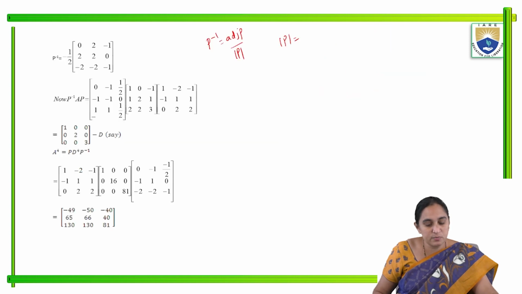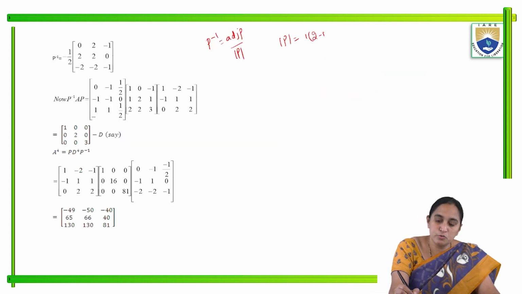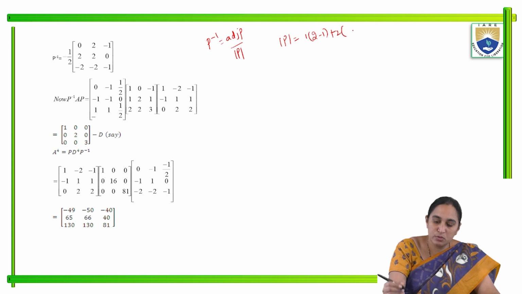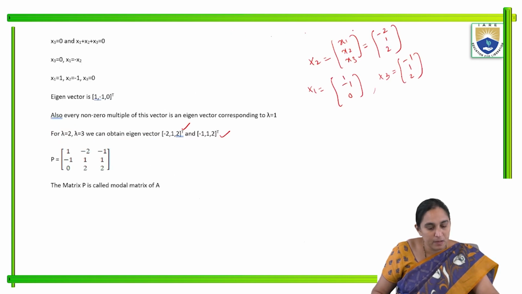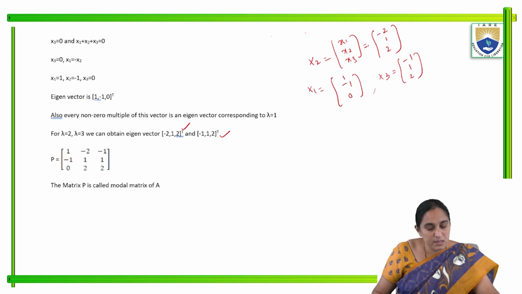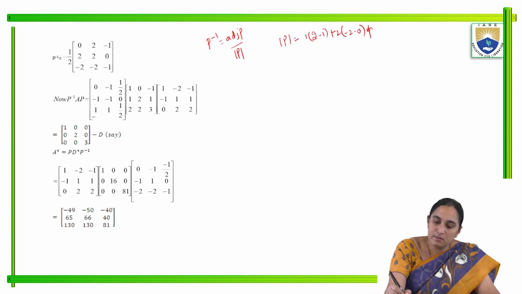Det P value is 1 into (2 minus 1), plus 2 into (minus 2 minus 0), plus minus 1 into (minus 2 minus 0). From that, 1 into 2 minus 1 is 1, minus 4, and there plus 2.